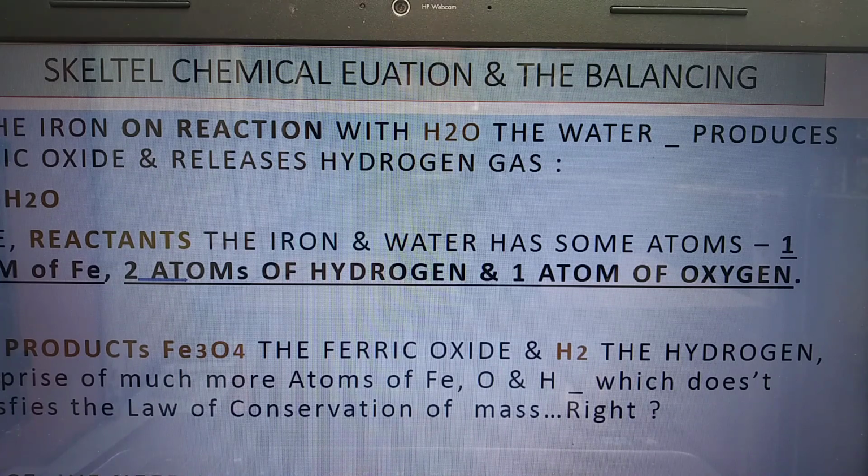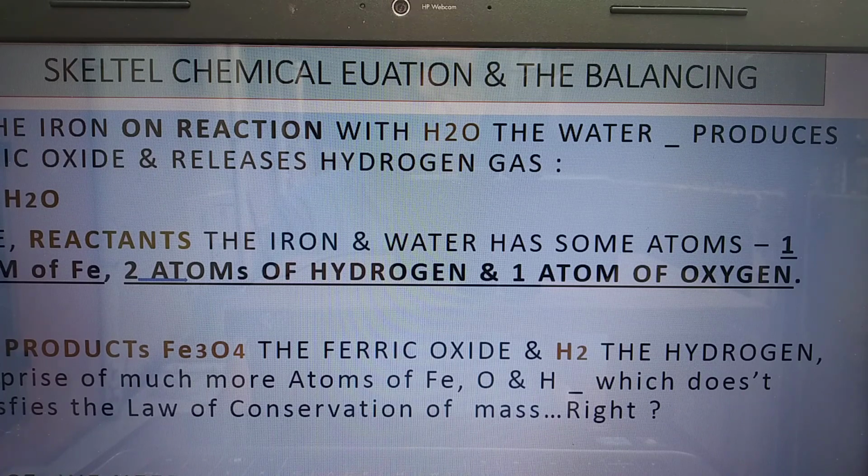This is what you can make out from the LHS, the left hand side of the reaction, which is termed as reactant or reactants. In this case, the reactants are Fe and H2O, and the atoms are one of Fe, two atoms of hydrogen and one atom of oxygen.